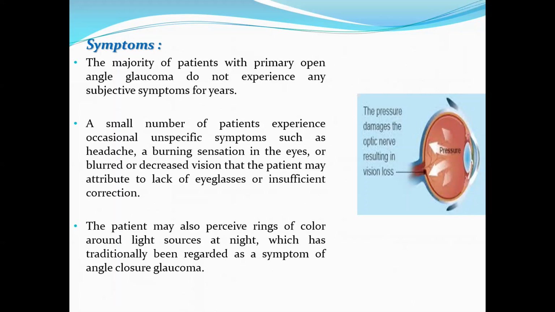A small number of patients experience occasional unspecific symptoms such as a headache, a burning sensation in the eye, or blurred or decreased vision that the patient may attribute to a lack of eyeglasses or insufficient correction. The patient may also perceive rings of color around light sources at night, which has traditionally been regarded as a symptom of angle-closure glaucoma.